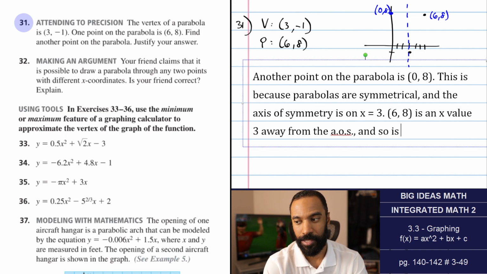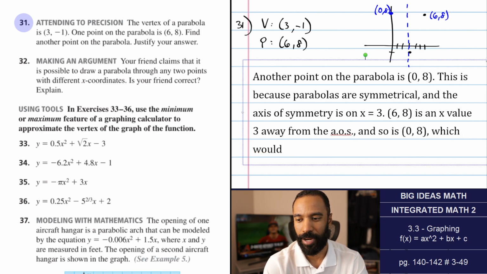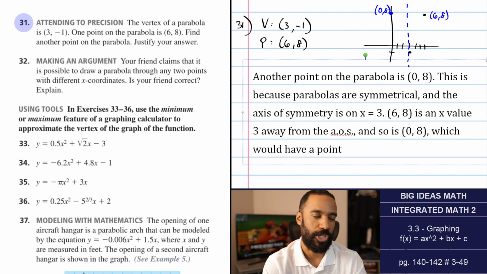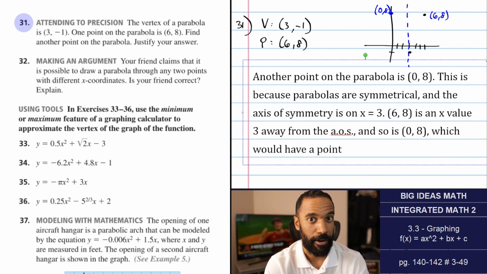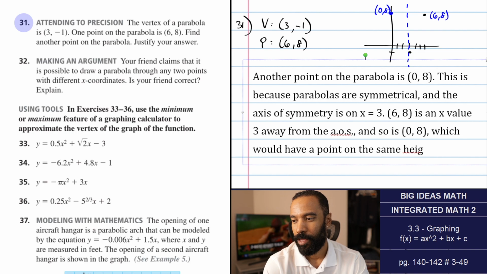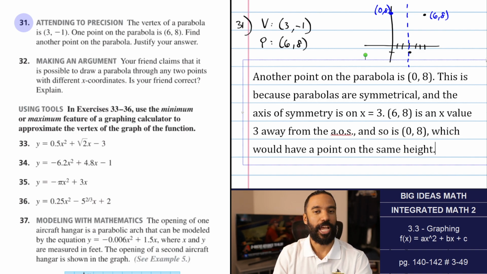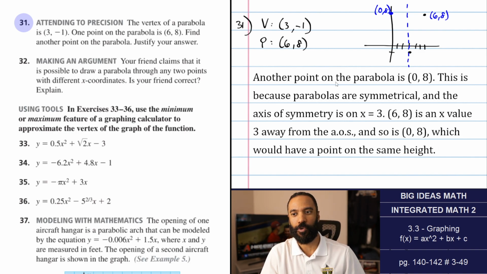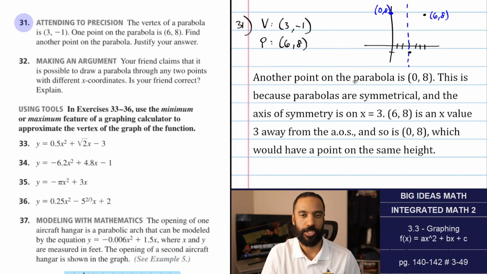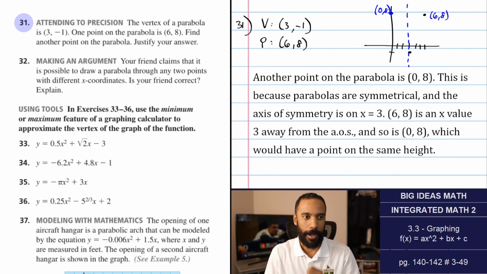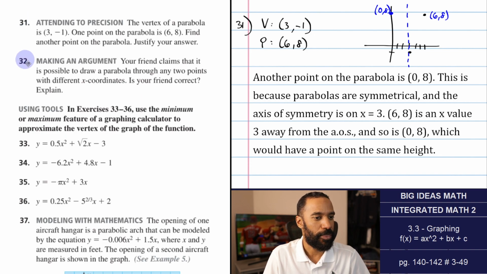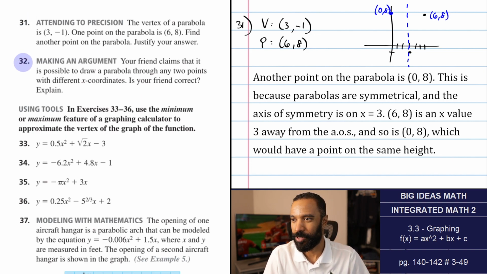And so is 0 comma 8, which would have a point at the same height. I'm describing to you in typing form so you can find a way to paraphrase it. Go type this into ChatGPT and say, paraphrase this for me. Actually, ask ChatGPT this question. They'll tell you what to do. All right.